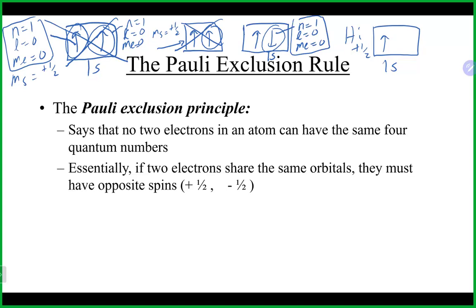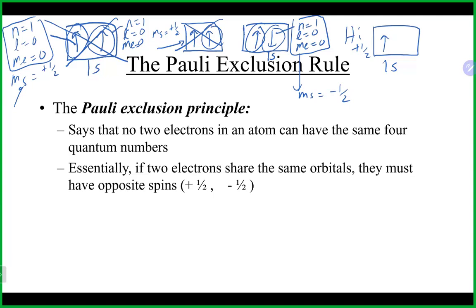But the difference actually comes in the spin of the actual electron that's in the orbital. Because that one is going downwards or pointing downwards, the m sub s for that guy is actually negative 1/2, which gives it not the same four numbers as the guy over here, which is these numbers here. So it's just that difference in the spin and the orientation of the electron within the orbital that allows it not to end up with the same four quantum numbers, and that will not violate Pauli's exclusion rule.